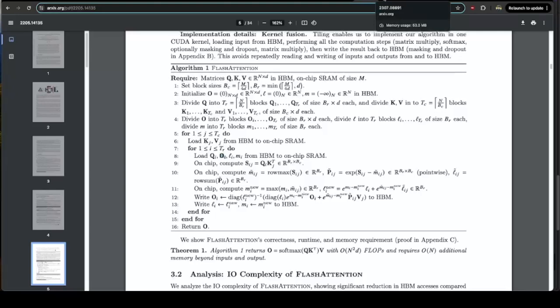No matter which way you tile, the same things need to be loaded eventually. Is it though? It seems the one thing that's different is we're still loading the same amount of Q and K blocks, but the O_i we're loading from HBM onto SRAM a quadratic number of times, right?